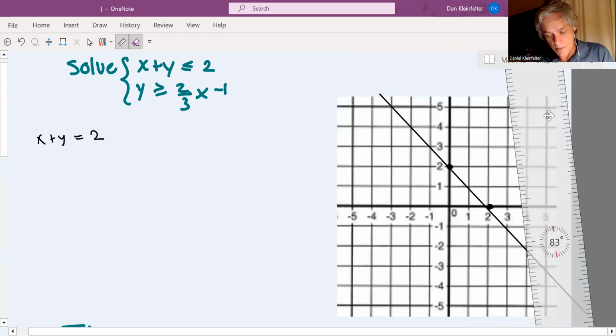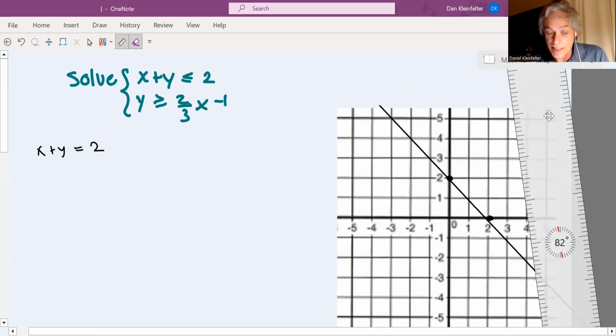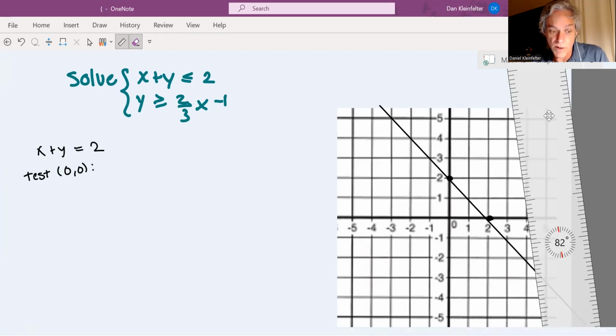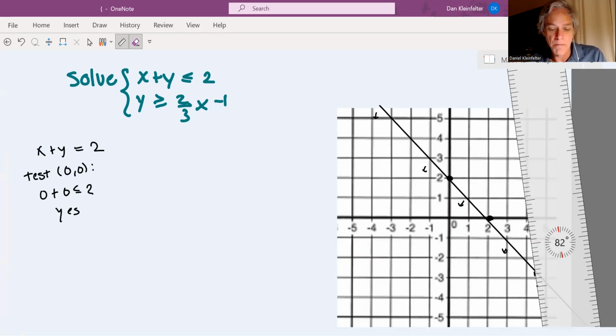Okay, and then I should check with the inequality to see whether 0 will make a solution or not. This doesn't pass through the origin, so it's safe to use the origin. 0 plus 0 is less than or equal to 2. Answer is yes, and so if we were going to shade, it'd be below this first line. Okay, so you can help me remember that.